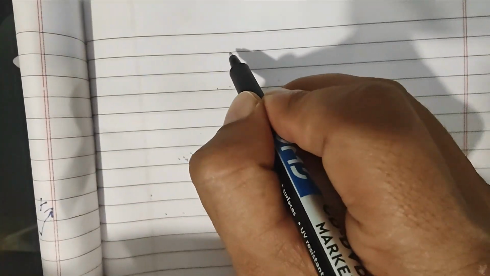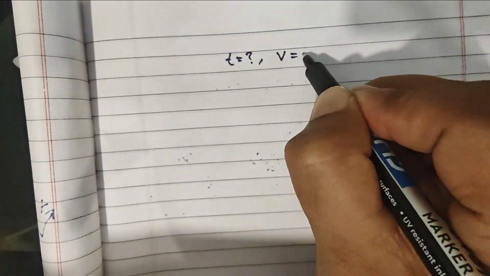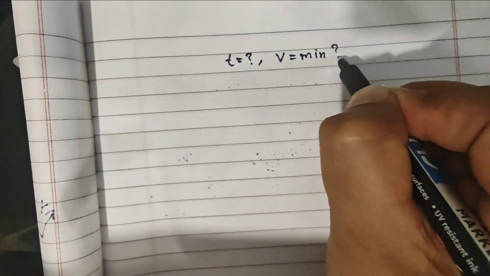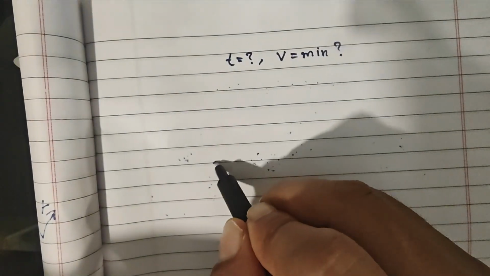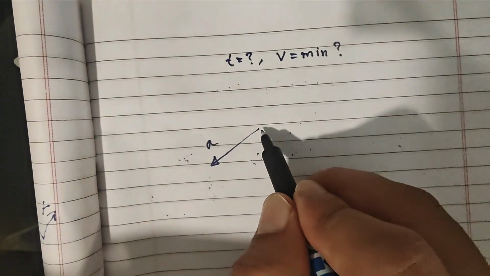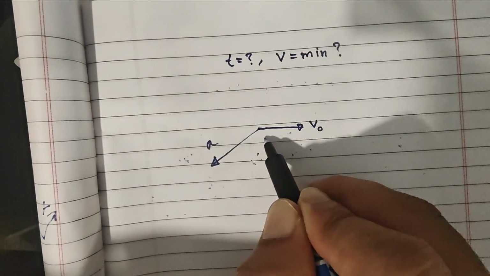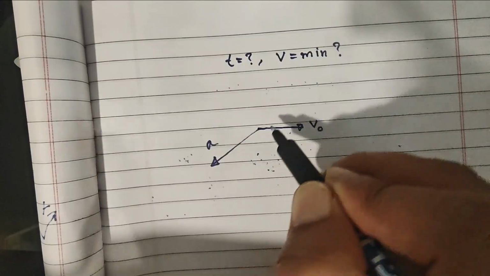So now the question is how to find the time when velocity is minimum. Well, they told that acceleration remains constant in direction and initial velocity was here. This whole angle was given, remember, 150.